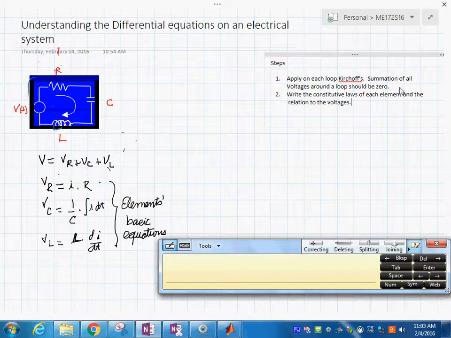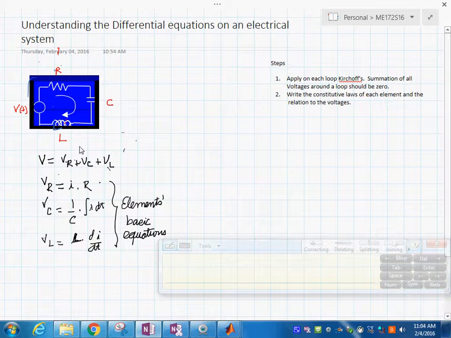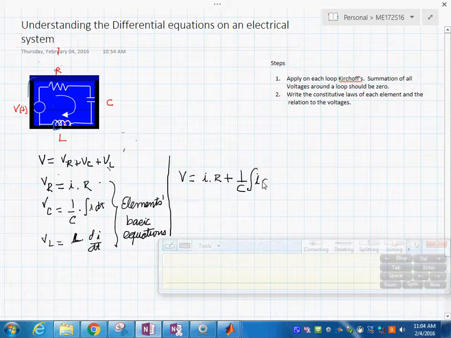Very good. So if this is true, let's draw a line in here and write it. Voltage is then equal to I times R plus 1 over C times the integral of I dt plus L times di dt.